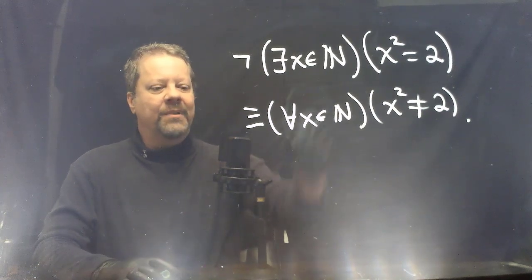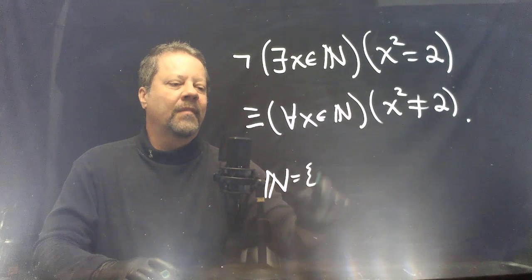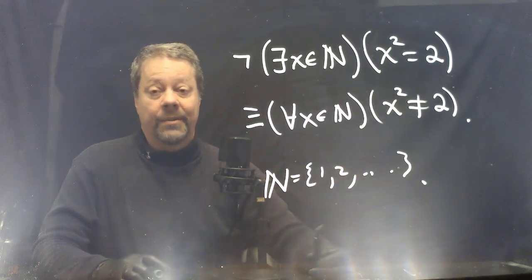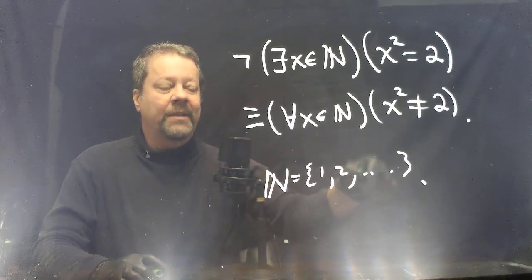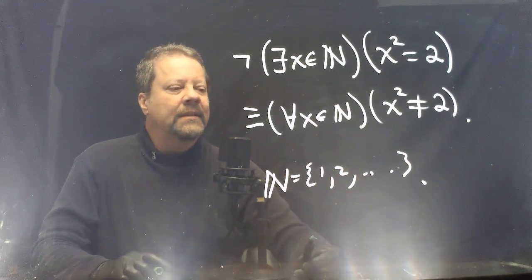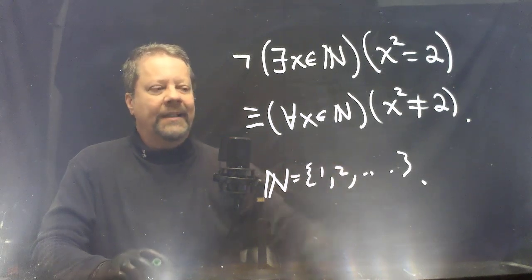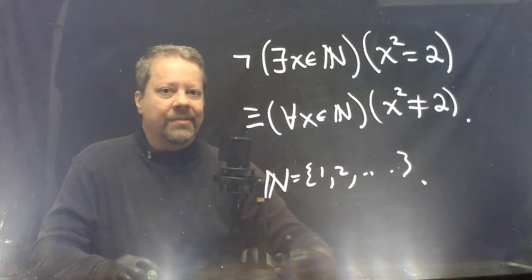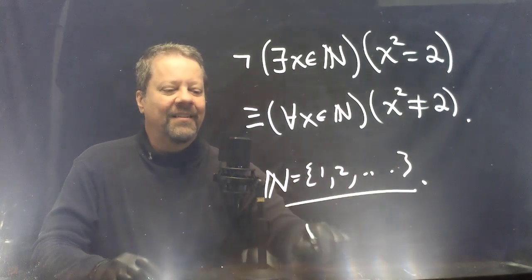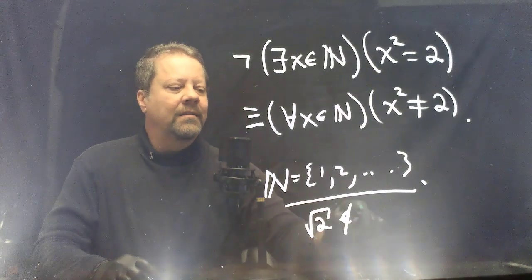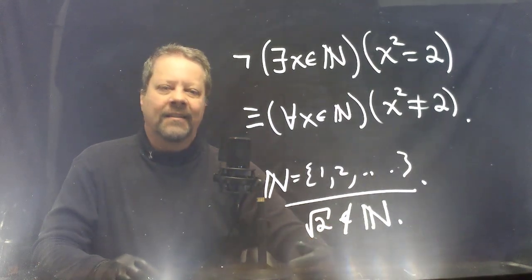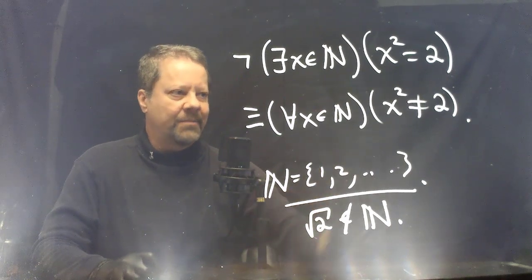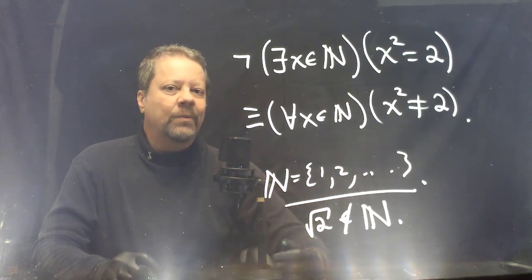Note that the natural numbers are 1, 2, and so on. 1 squared is not 2, and 2 squared is not 2, and anything bigger, 3 squared, is going to be bigger than 2. So no matter what you plug in, you're never going to get 2. That's because the square root of 2 is not a natural number, so it's not an element of the set of natural numbers. So it is true that for all x in the set of natural numbers, x squared does not equal 2.